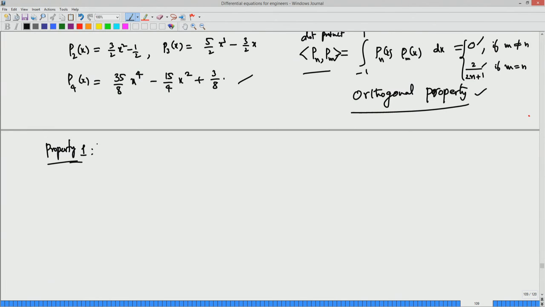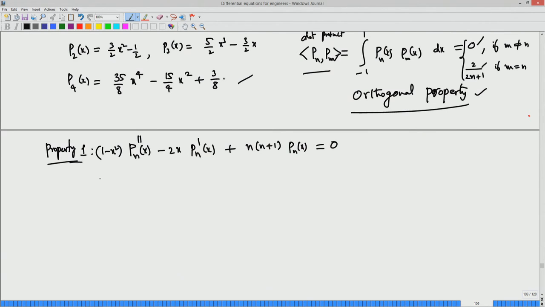So how do I know that? Pn of x satisfies the Legendre differential equation: 1 minus x square times Pn double dash of x, minus 2x Pn dash of x, plus n into n plus 1 times Pn of x equals 0, because Pn is satisfying that.